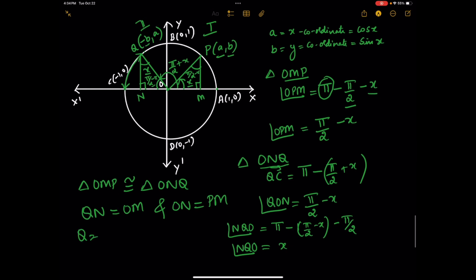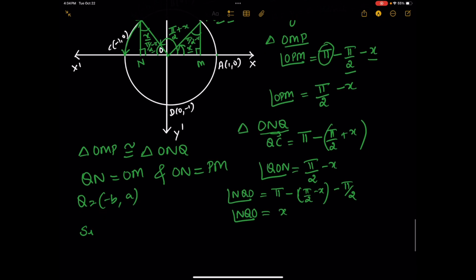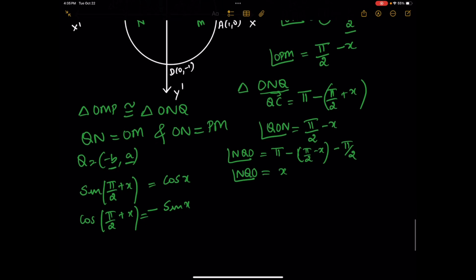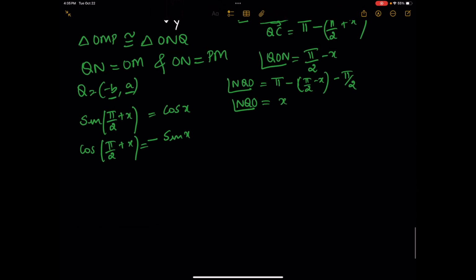If Q is equal to minus b comma a, sine of pi by 2 plus x would be cos x, because sine is the y coordinate, and cos of pi by 2 plus x would be minus sin x, because it is minus b. Now we know the value of sine and cos.